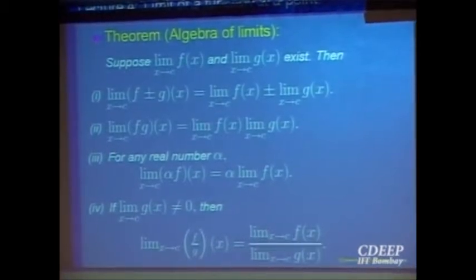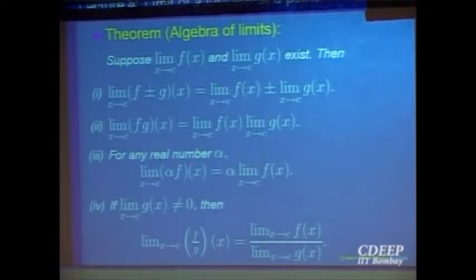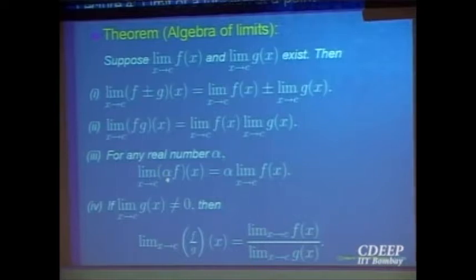Look at the corresponding sequence: f of Cn plus g of Cn, or f of Cn minus g of Cn, or alpha times f of Cn, and in the product it will be f of Cn into g of Cn. Now invoke the corresponding theorems about sequences to conclude that the limits exist. This is called the algebra of limits, because we are adding, multiplying and dividing. So this theorem is called the algebra of limits.